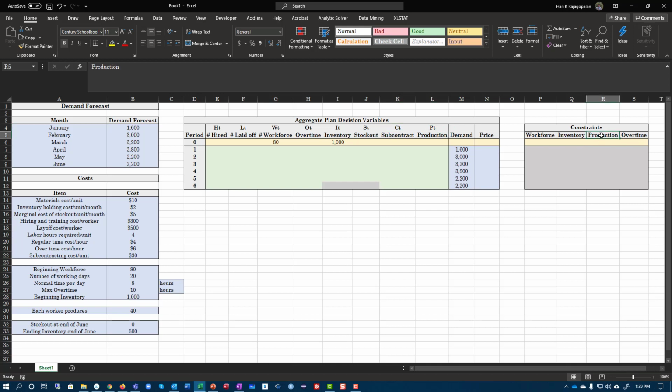Production capacity is based on how much you can produce; normal time and overtime have to be less than how much there is. So let's use each one and talk about each one as we go through this problem.